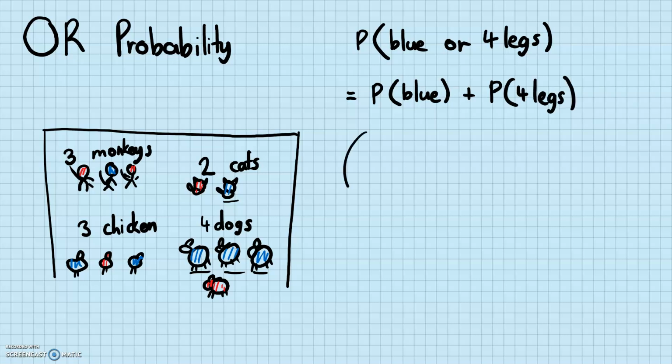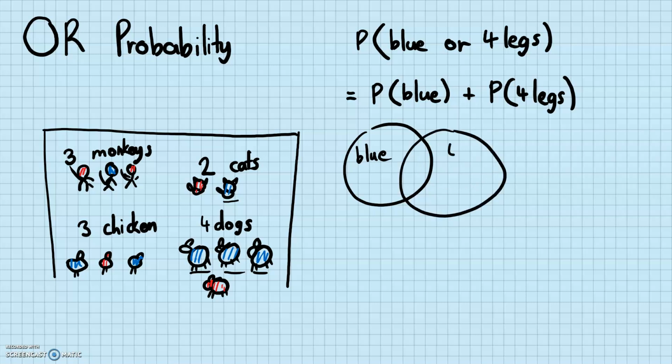So again, if you draw a Venn diagram, this is the blue animals, this is the four-legged animals, and there are going to be a couple of animals that are in both. When you find the probability of the blue ones and the probability of the 4-legged ones, those animals are going to be counted twice. So you have to subtract the probability of being blue and 4 legs.